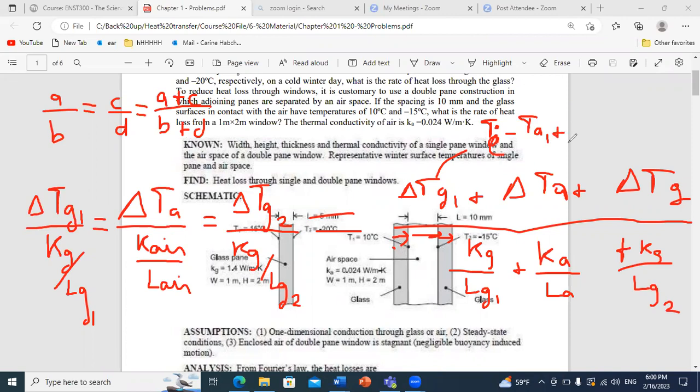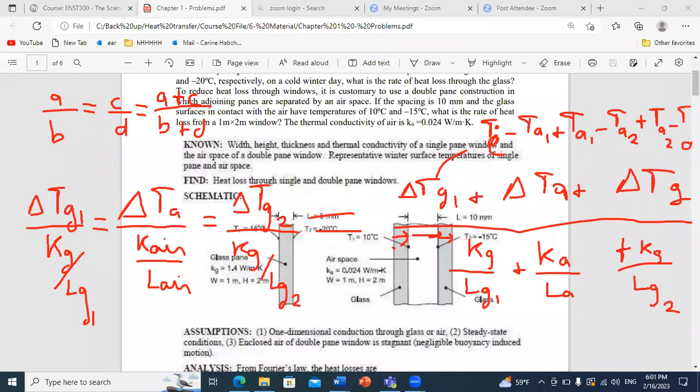It's T A1 minus T A2. So you will see that the temperatures of air will cancel out. And then finally, delta T in glass layer 2 is T A2 minus T out.